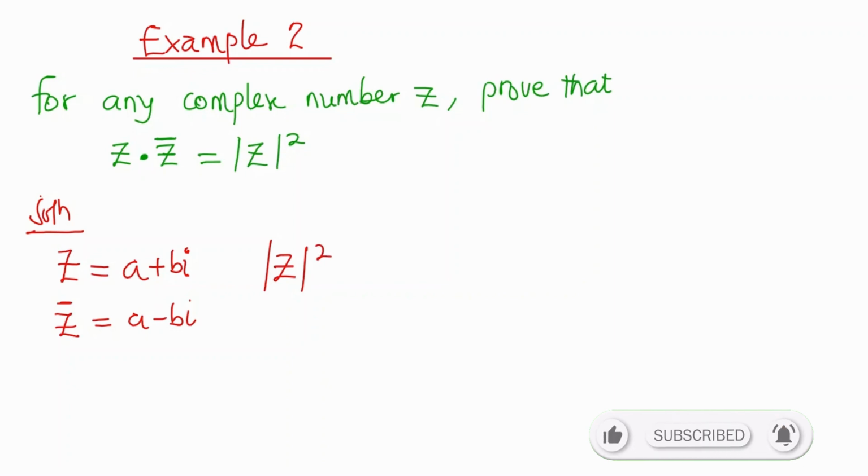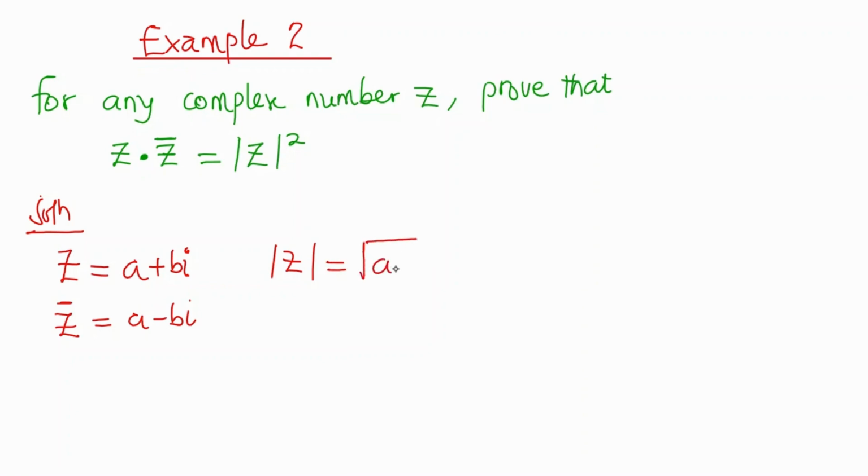Now, let's take it from the magnitude of z. When you talk about the magnitude of z, they are talking about the modulus or the length of the complex number z. And that is equal to the square root of a squared plus b squared. That becomes the magnitude of z.